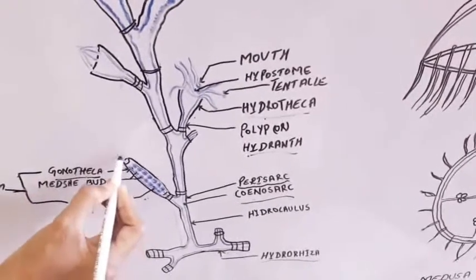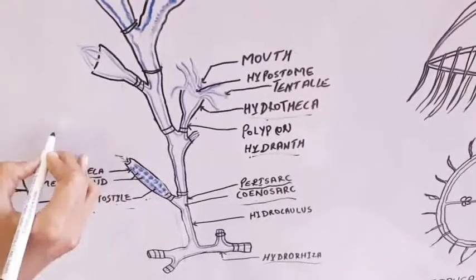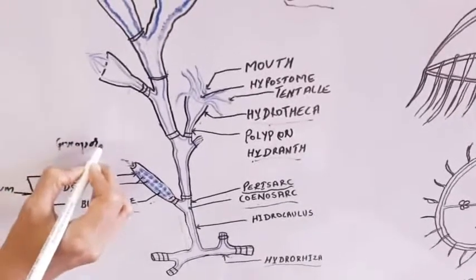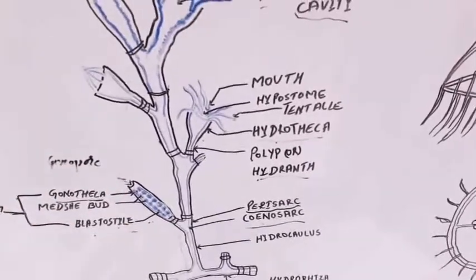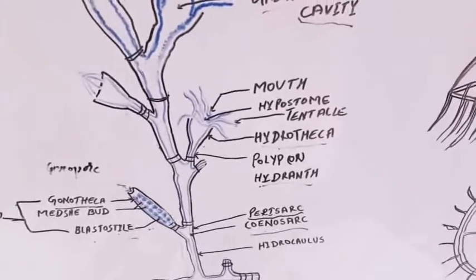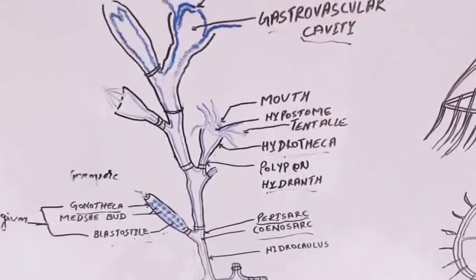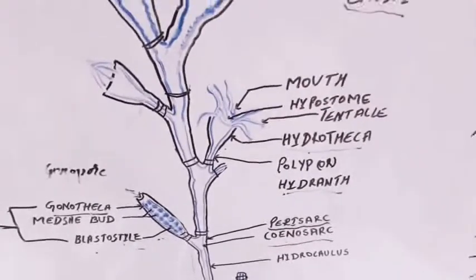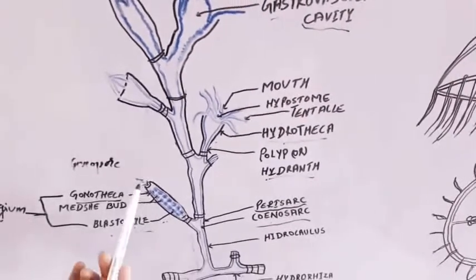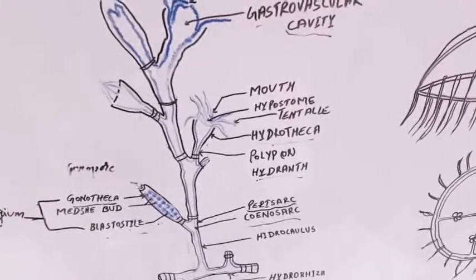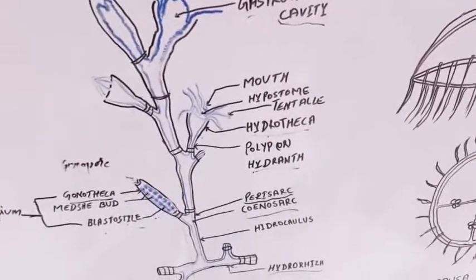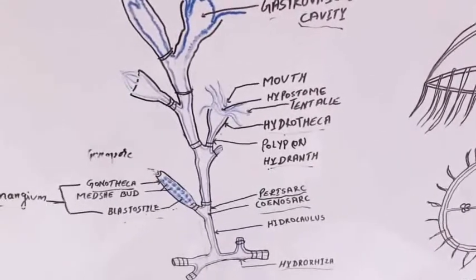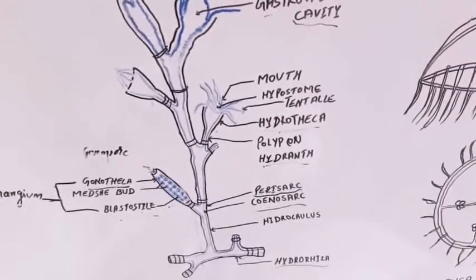So this is the gonopore. The gonangium opens to the outside through the gonopore, and the medusa escapes through the gonopore.